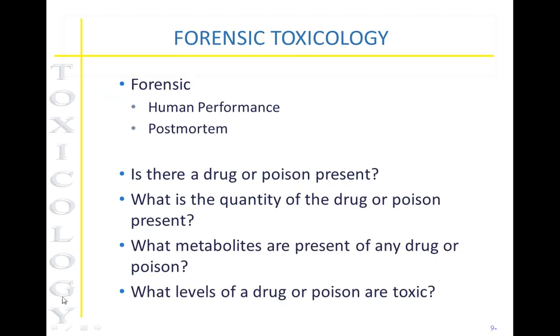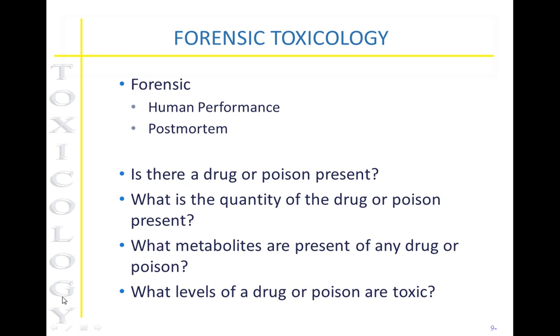When we talk about forensic toxicology, we are talking about human performance samples or post-mortem samples. With the human performance samples, this is going to involve primarily individuals and determining whether or not it involves specific drug use.